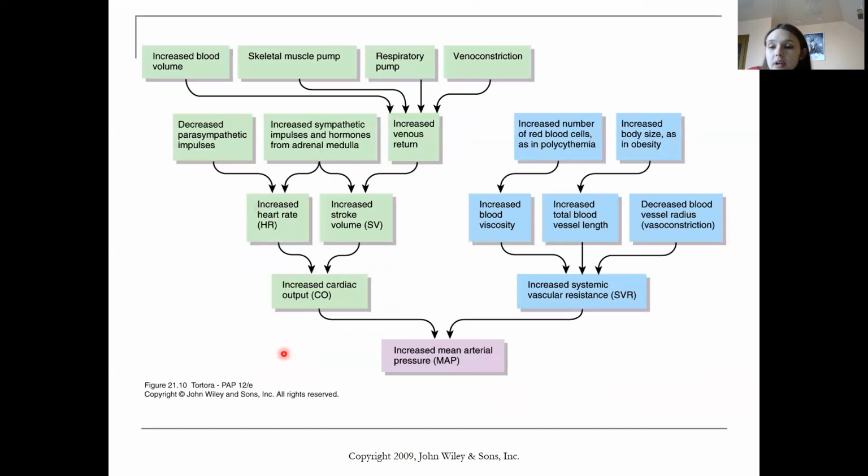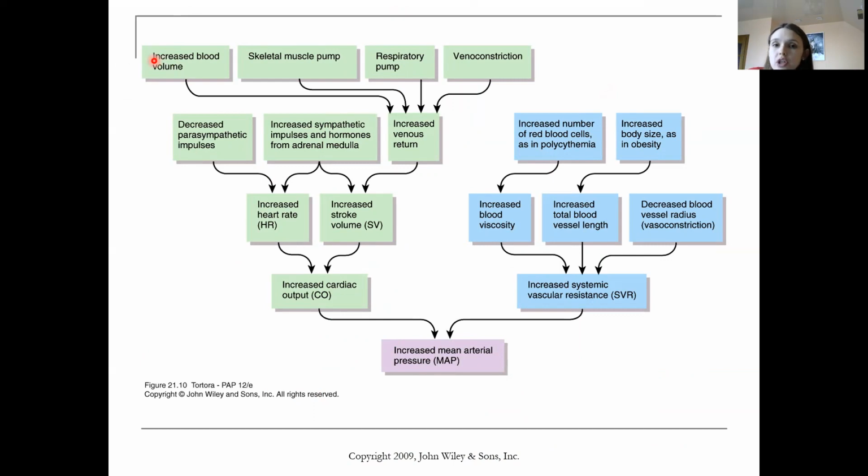Okay, so when we look through this slide, we could see what factors are responsible for increasing mean arterial pressure, which will lead to an increase of the systemic blood pressure generally. So, an increase of blood volume in the circulatory system.